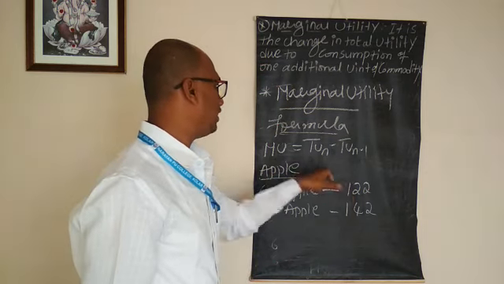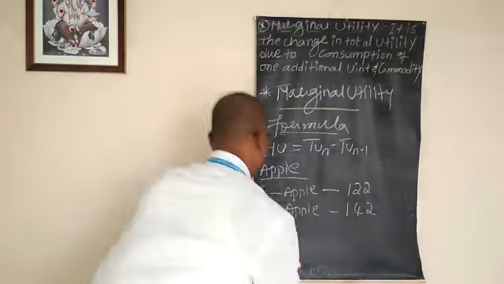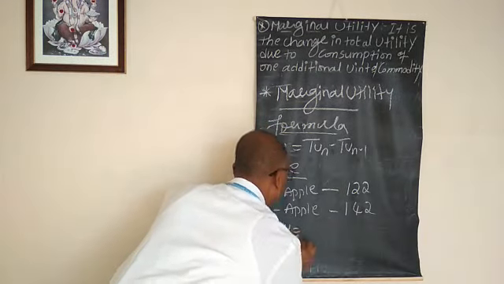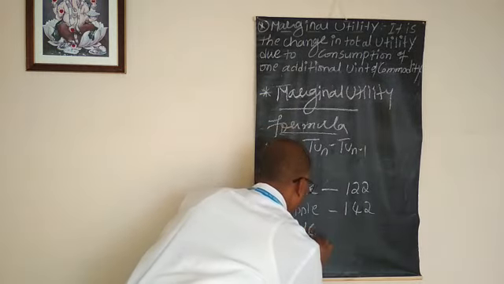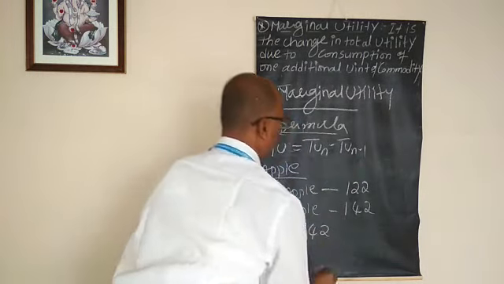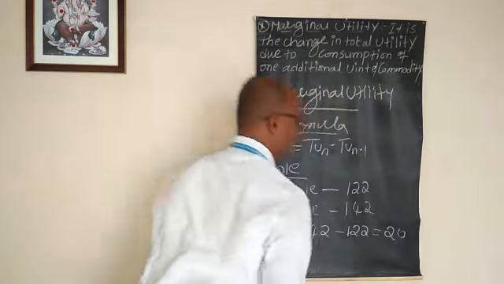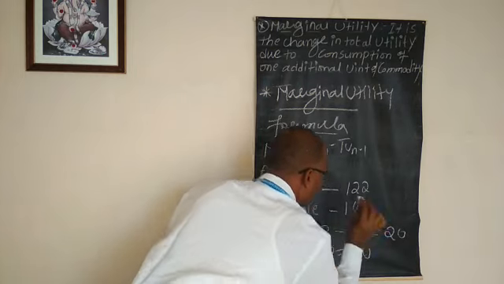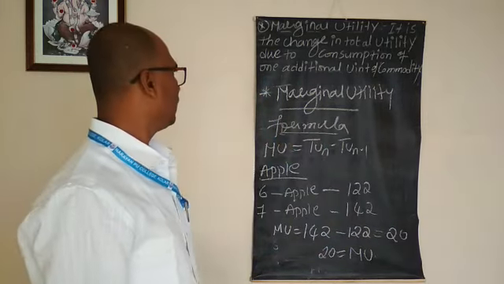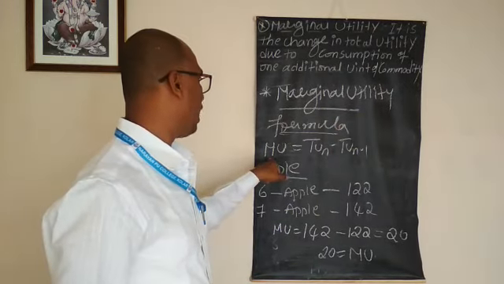Let's apply these values to the MU, marginal utility. MU is equal to TUN, which is 142, minus 22, is equal to 20. So 20 is exactly equal to marginal utility. Again, we can obtain marginal utility by using this formula.